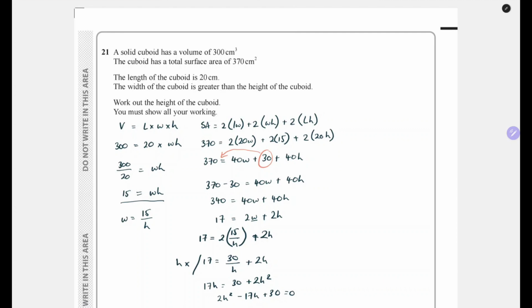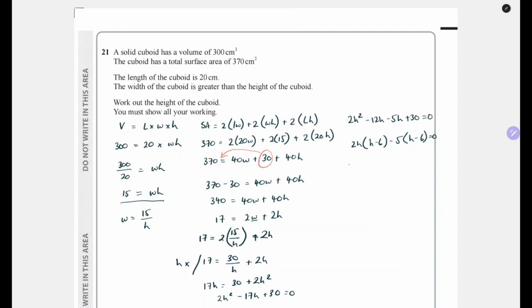Now, all I need to do is factorize this quadratic equation, and I should get closer to my answer. So to factorize this equation, I'm going to write 2H squared minus 12H minus 5H plus 30 is equal to 0. 2H, open bracket, H minus 6, minus 5, open bracket, H minus 6 is equal to 0.